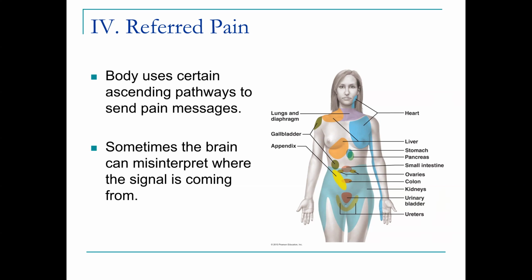In the female, it's probably pathognomonic of appendicitis, but they also have ovaries and other structures in that area that you have to worry about. And so there is referred pain, and some of it's not very specific.